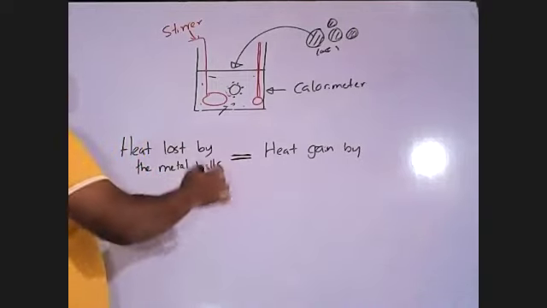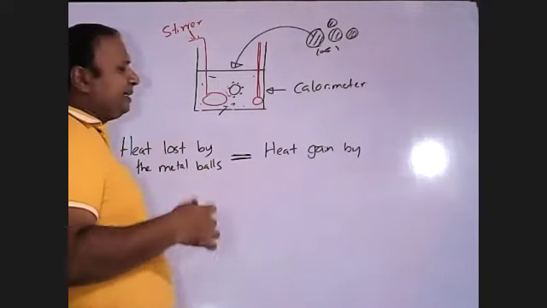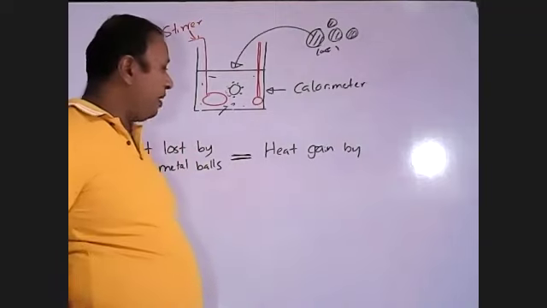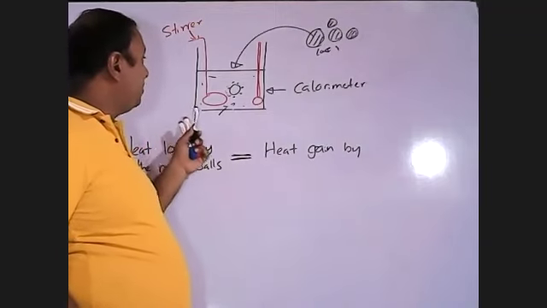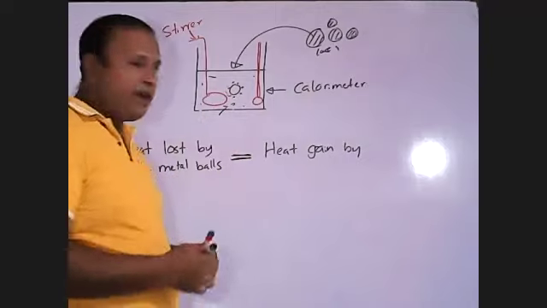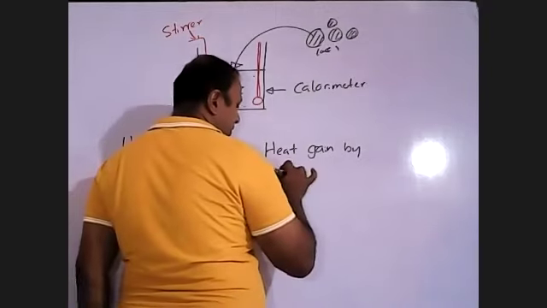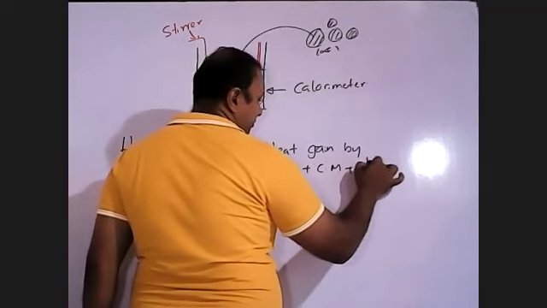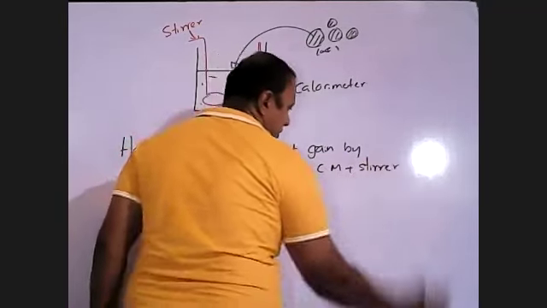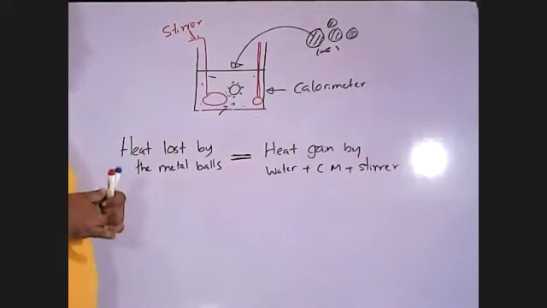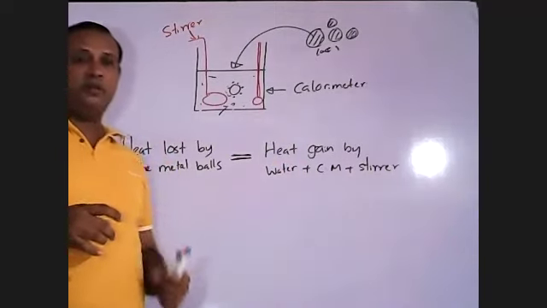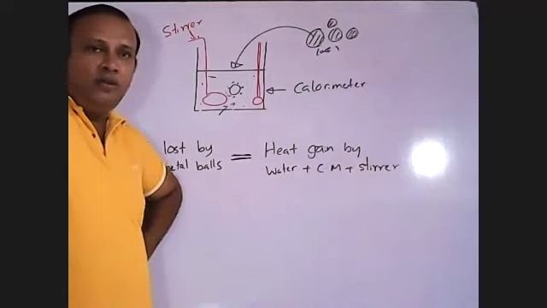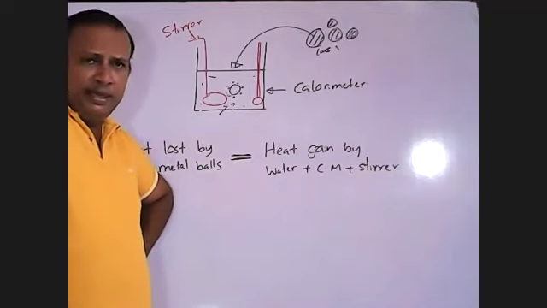Okay. So the heat is gained by the water plus calorimeter plus stirrer. The calorimeter and stirrer are actual metals. Therefore, definitely they will gain a significant amount of heat. Okay.